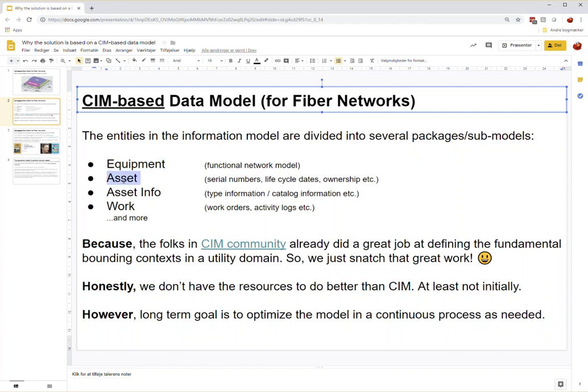And then there will be some tables and entities related to asset information, or just asset, like serial numbers and so forth. And there will be some entities related to what we call asset info. This is the name in CIM used for type information, catalog information. And there will be some related to work management. So you can say that the system will be divided into these different data models.